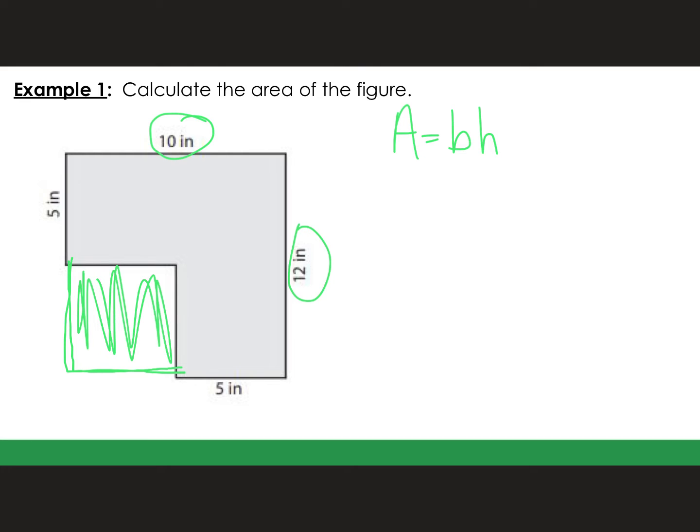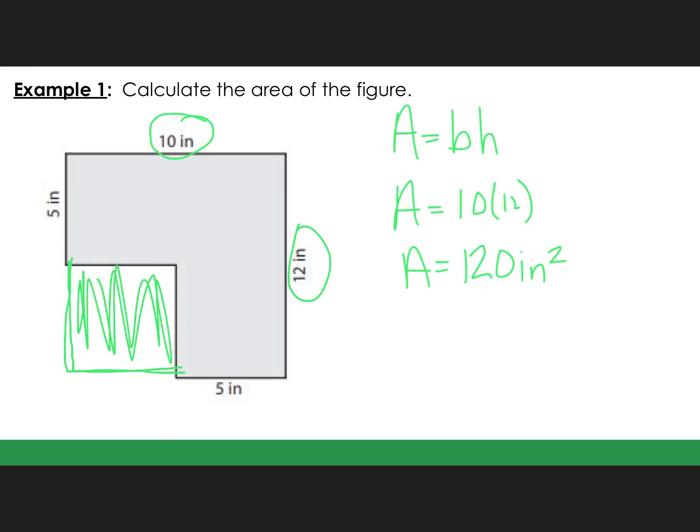So I'm going to substitute in now. So I have area, substitute in 10 for the base and 12 for the height. So my area of the entire rectangle is 120 inches squared.